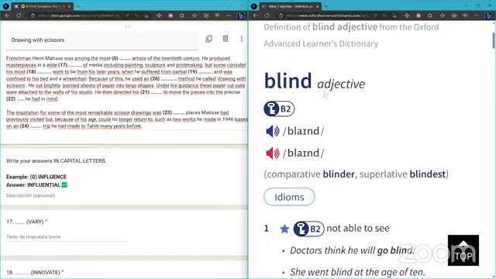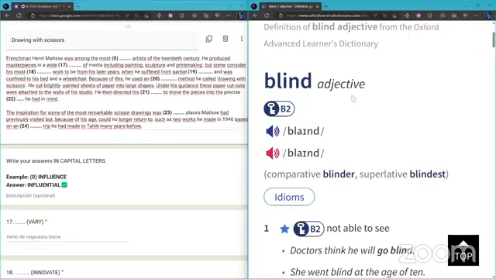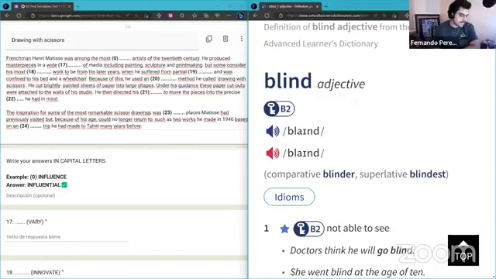Yes, when you're not able to see. A person who cannot see is blind. Transform this into a noun.